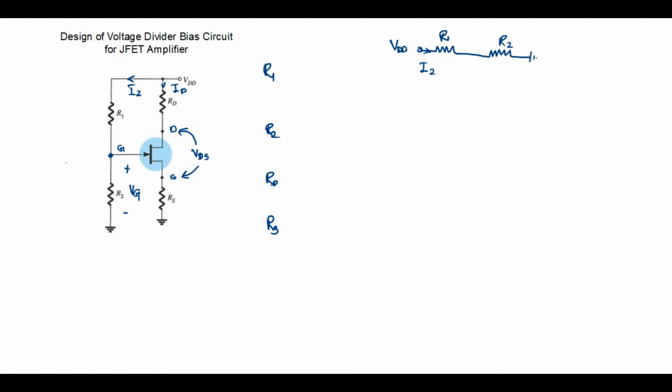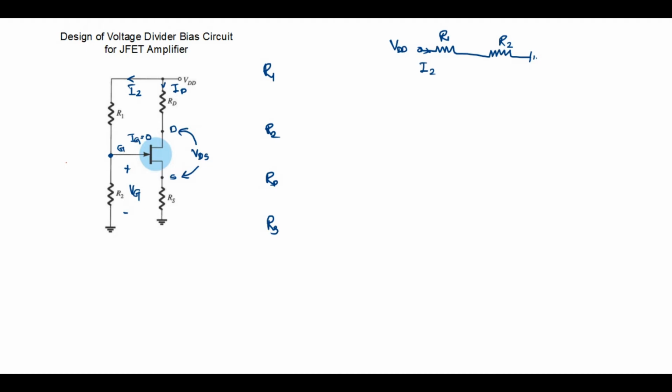That means when you close this circuit, you have a current flowing path like this. There is only one current flowing through the circuit, because we always consider that Ig is equal to 0. Therefore this is the circuit for the analysis here.